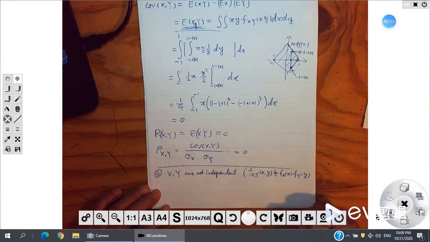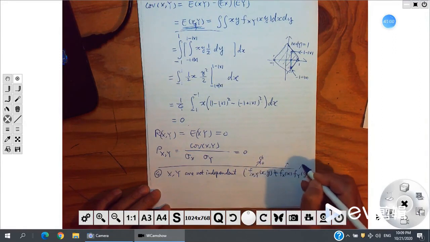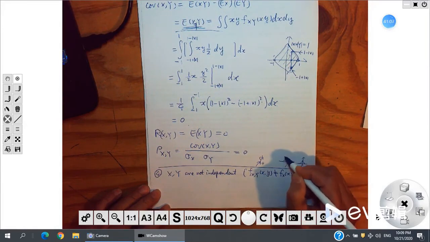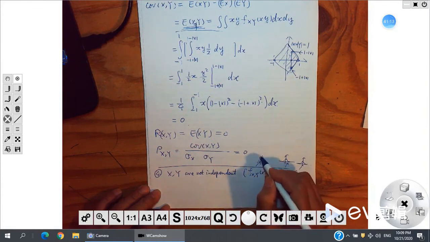They are not the same, right? This one is a constant, k or 0. And these two, the functions look like this. You multiply these two together, it will not be a constant k or 0.